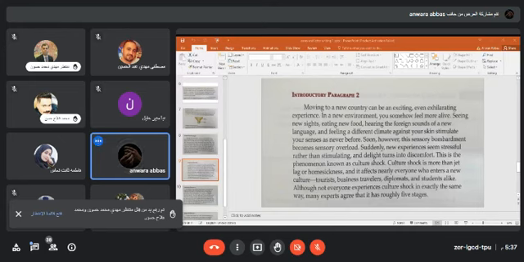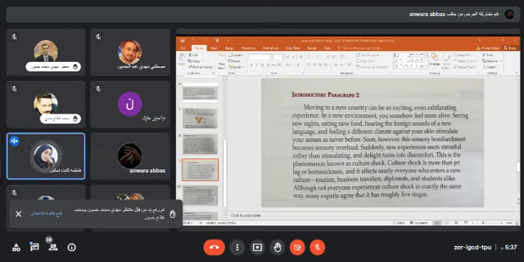Okay, Fatima, yes. Let's talk about when someone tries to change his place or his country. It's a really big change and a big decision, and the things he will face in the new country, the emotions he will feel, the way he will live, the cultures, and the new environment.